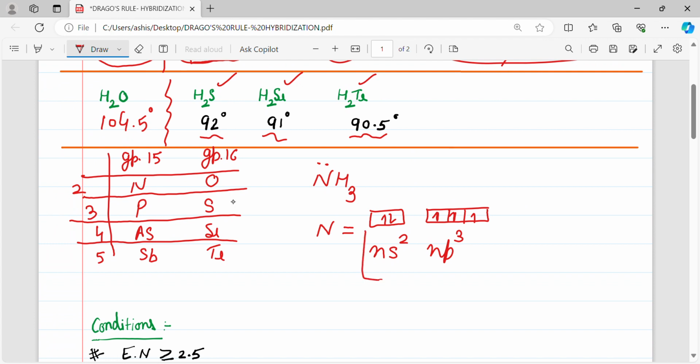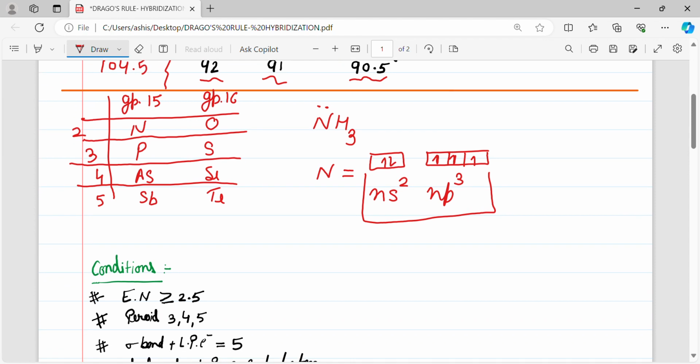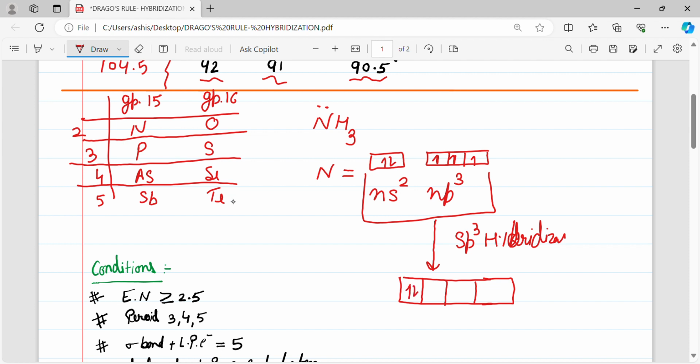In the case of NH3 there is sp3 hybridization, meaning 1 s orbital and 3 p orbitals mix together, exchange their energies and generate 4 new hybrid orbitals. These new hybrid orbitals have equivalent energy and symmetrical shape, so that hybridization is known as sp3 hybridization.